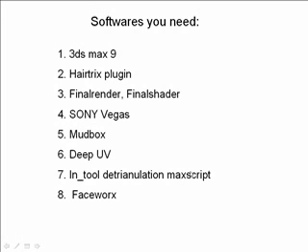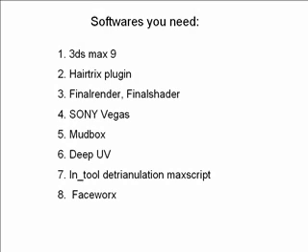As for software, you need 3ds Max 9, of course, and Hairtrix to create the hair model, Final Render and the Finalshader to create GI rendering and the human skin material, SONY Vegas for color correction, Mudbox to add detail through digital sculpting, and Deep UV to unwrap the UVW.